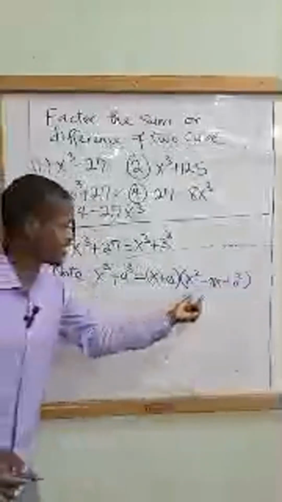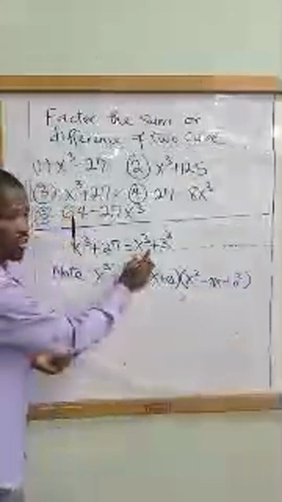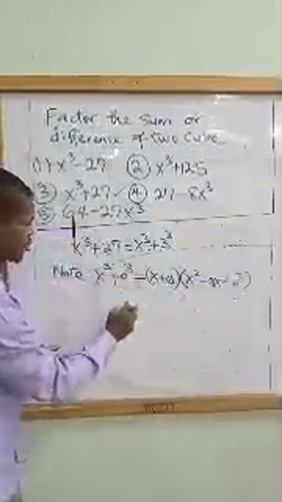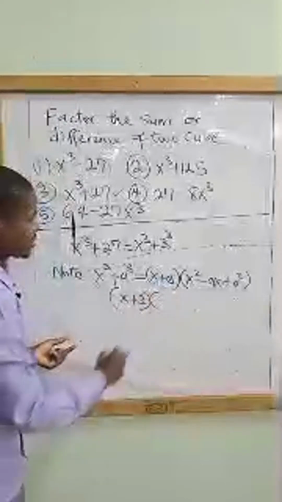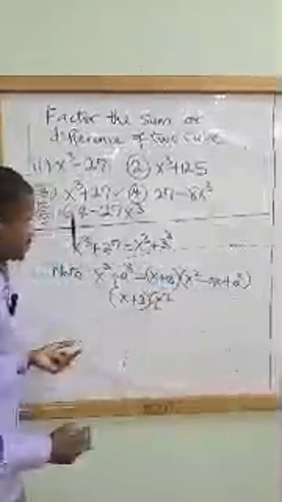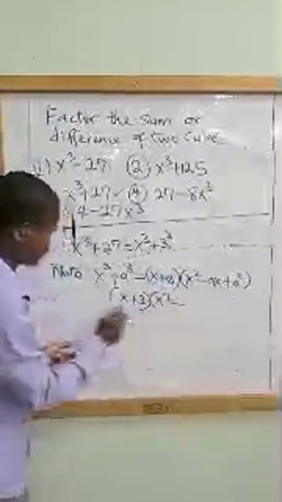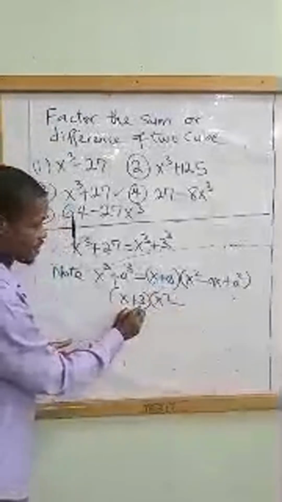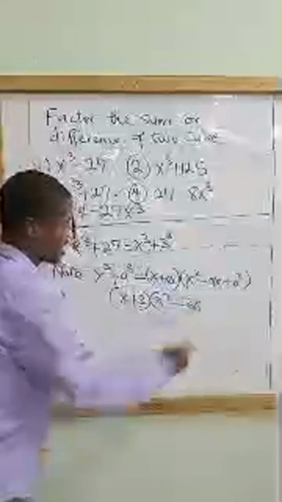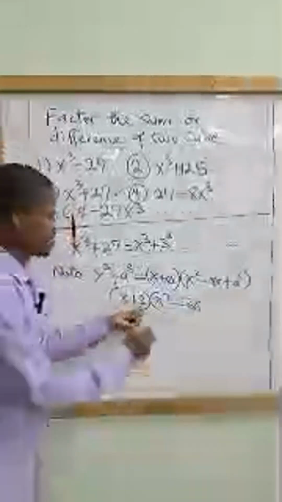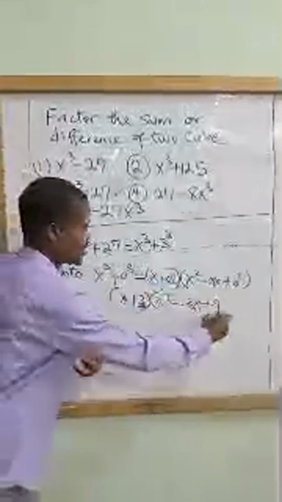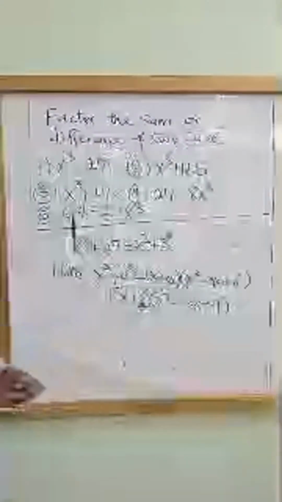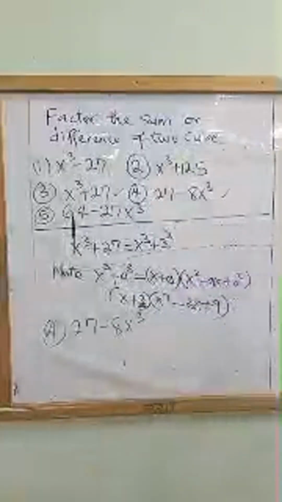On the basis of this, we apply that to solve this, and that will be equal to x plus 3 times x squared, then minus this one times this one, that's minus 3x, and finally the one you have here, square that, plus 9. So that's that on that aspect.